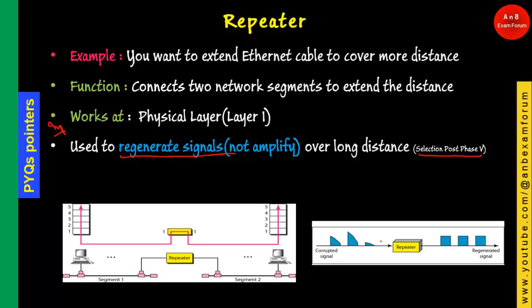As you can see, these are the corrupted signals. The digital signal goes via the repeater, and it regenerates those signals. Another very important pointer is the filtering capability. It has no filtering capability. It just repeats the signal, that's it.